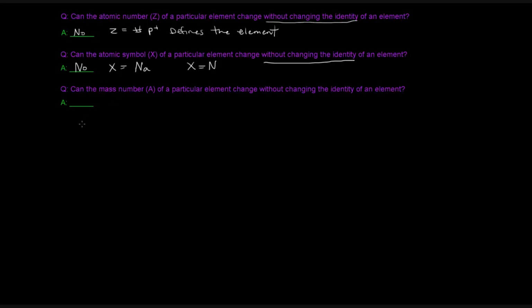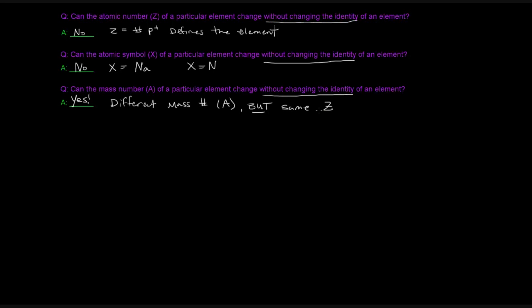Last question here. Can the mass number of a particular element change without changing the identity of the element? Now this one, the answer is yes. So you can have a different mass number, A, but have the same Z value.